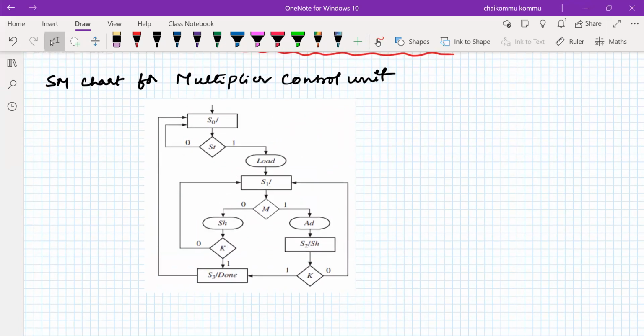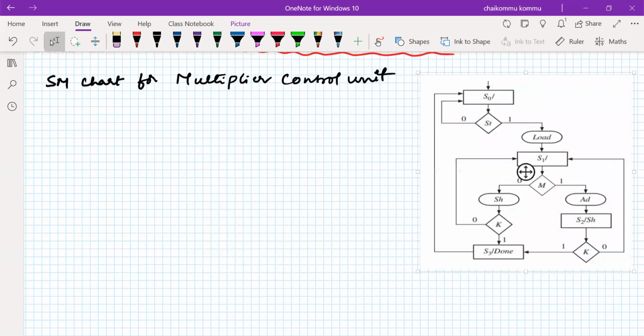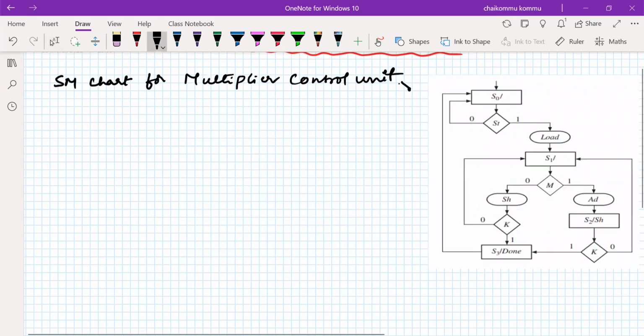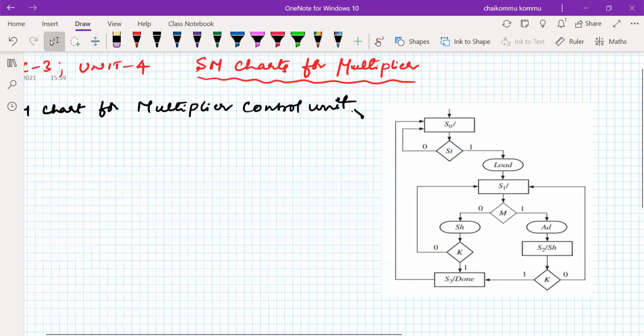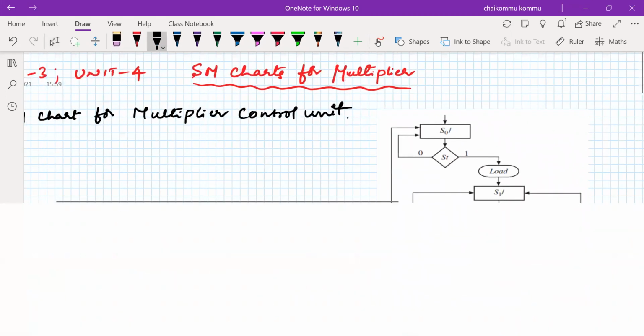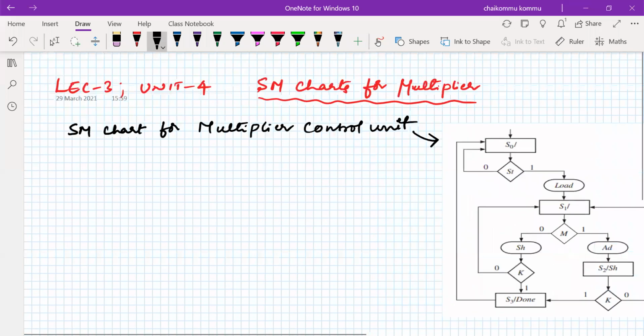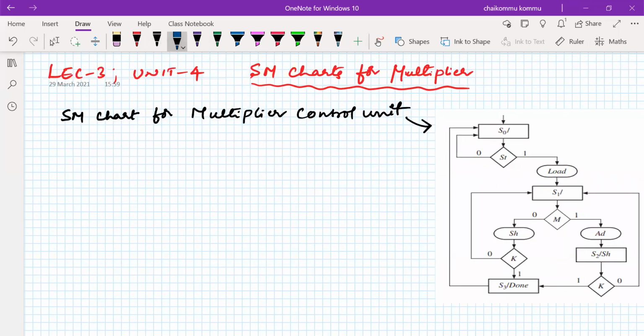I think better I'll write here. Next, state table.